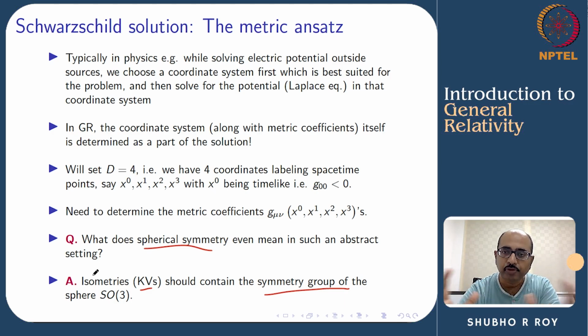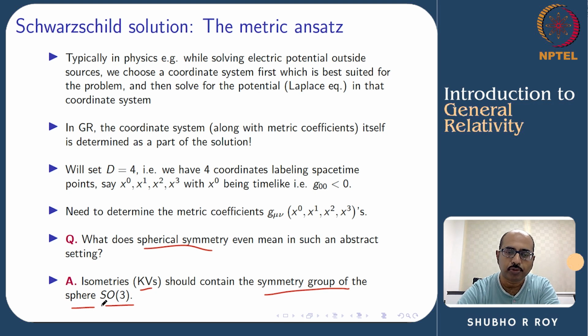So this isometry group, whose elements are the symmetric transformations of the metric which leave the metric invariant, should contain at least one subgroup, which is SO3, the symmetry of the sphere. Most of you know this from your study of classical mechanics and of quantum mechanics.